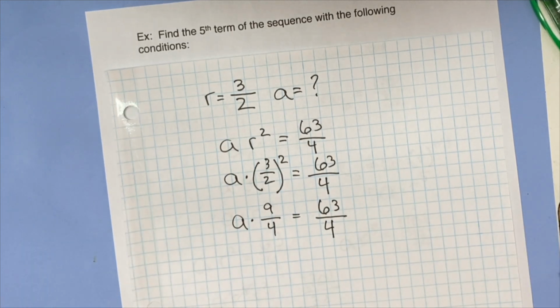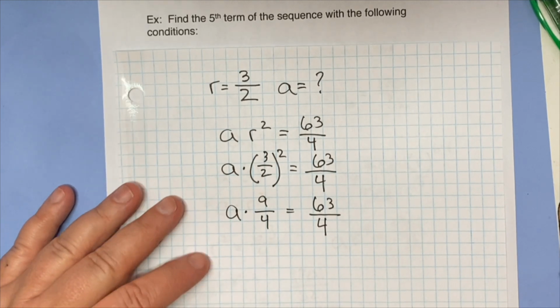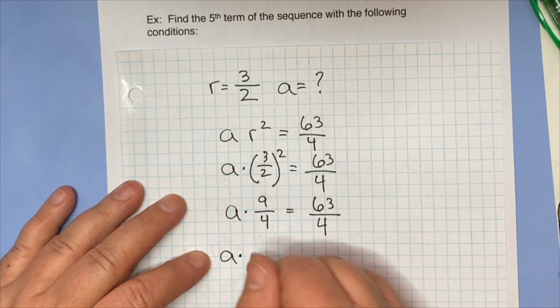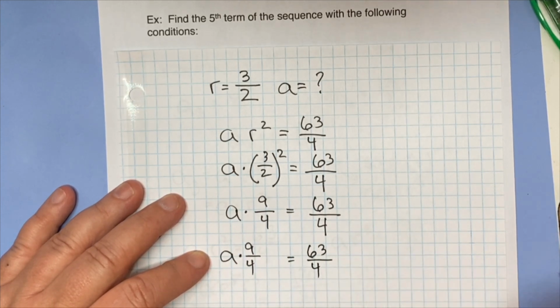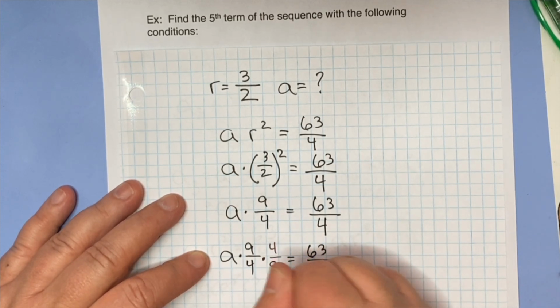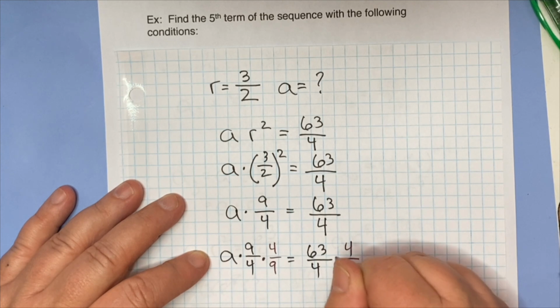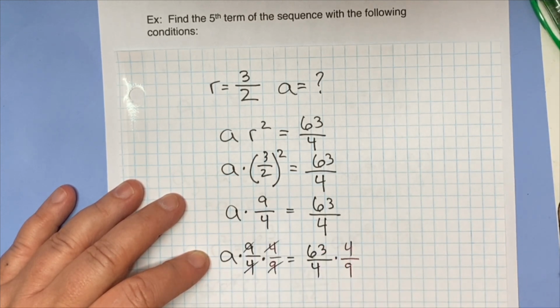And now a lot of people would say, oh, I can see what the answer is. And if you're not sure, then what you can do, let me give some room, is I'm going to multiply both sides by 4/9. And the reason for that is then I can cancel, and I end up with just A on the left.